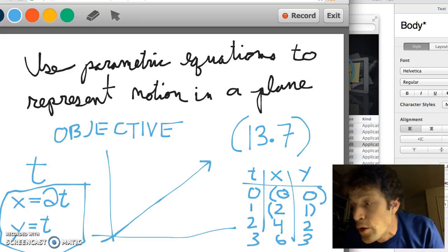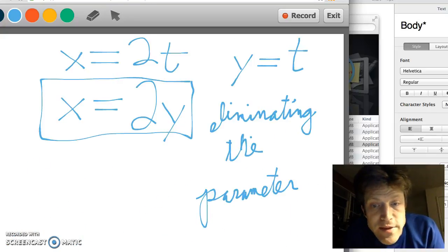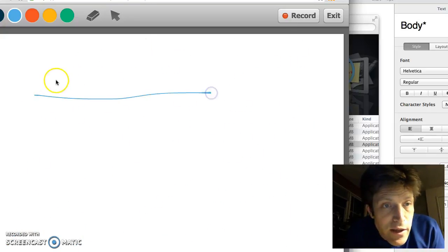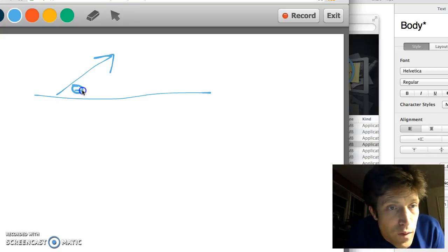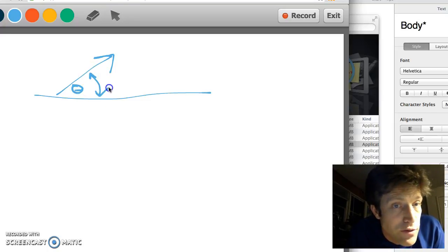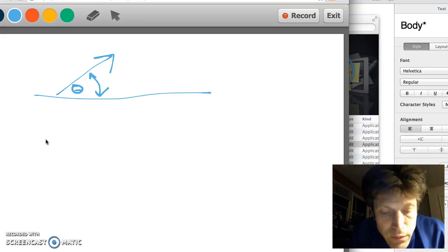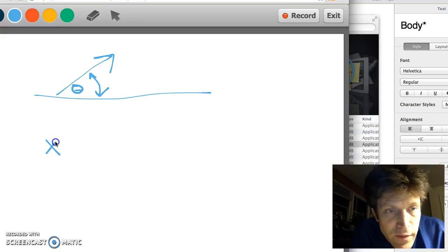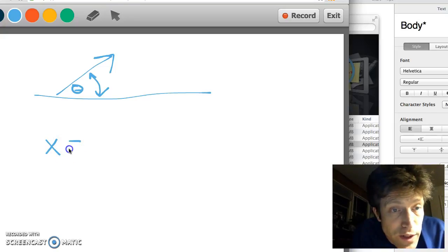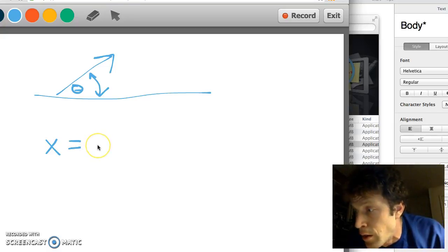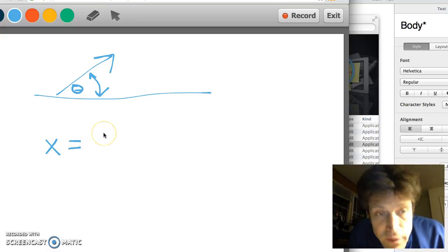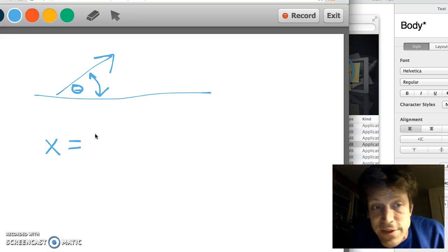Whenever an object is moving with constant speed along a straight line, and its angle of elevation off the x-axis is theta, like this, theta is going to be a given, so it's not a variable. T is still our variable. Then we have two parametric equations describing the position of x and y relative to t.